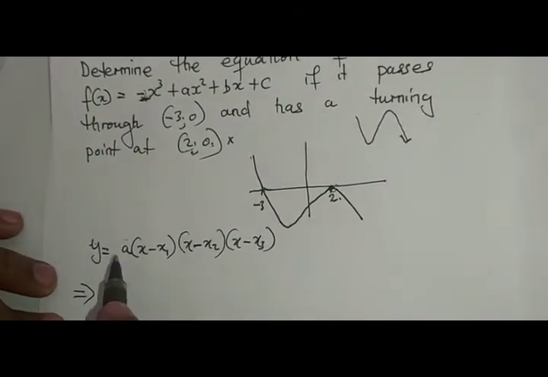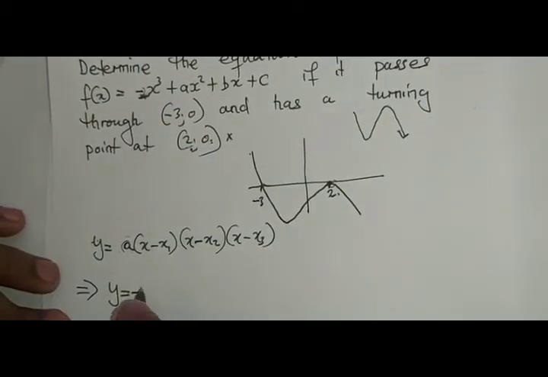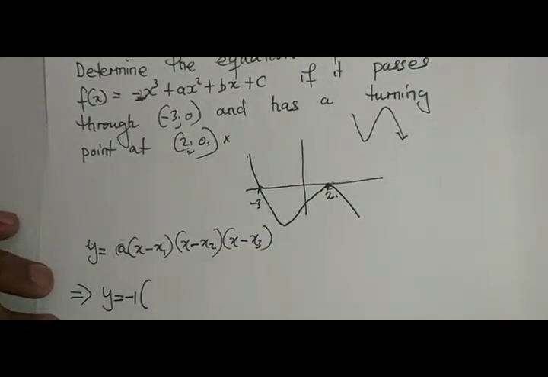So which means in this case, in place of a here, we write our minus 1 because we are told that it's negative there.